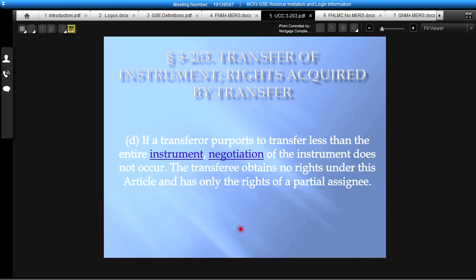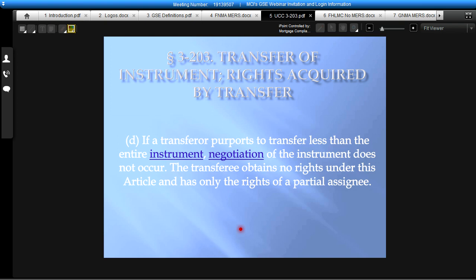Because to just have a note or to just have the mortgage, you have only a partial cause of action. In order to have enforceability to foreclose, you must have the entire instrument. If you have the entire instrument, then you do have transfer and negotiation of rights.